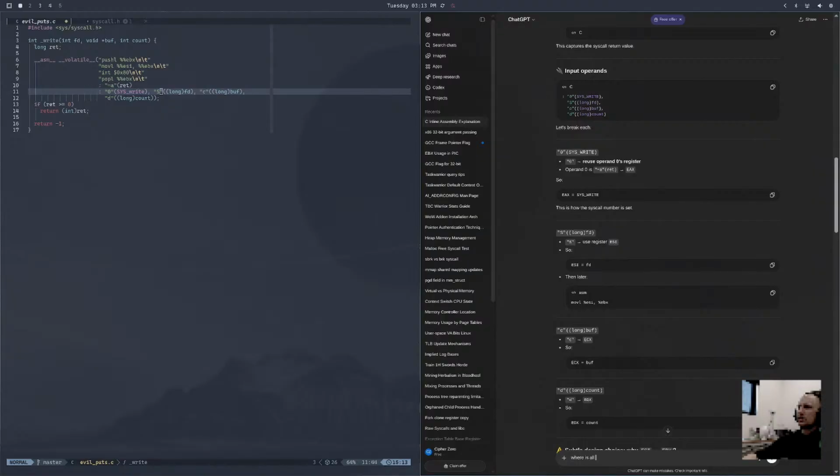Where is all of this underscore underscore asm syntax documented? Is it standard? Are there any standard asm syntaxes for C?